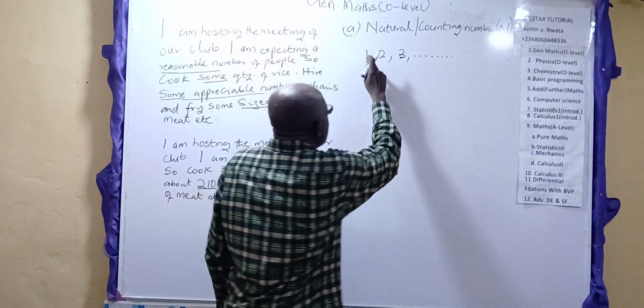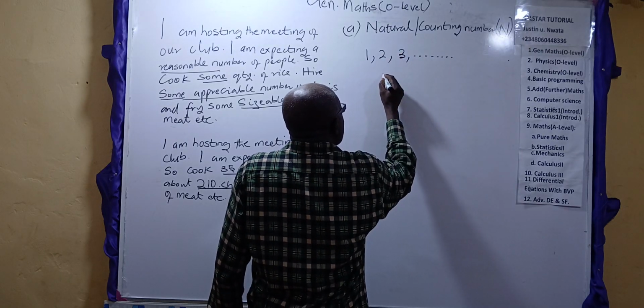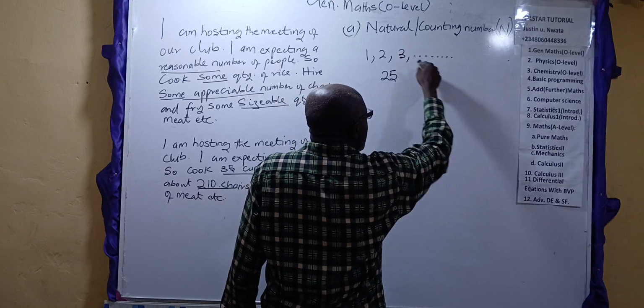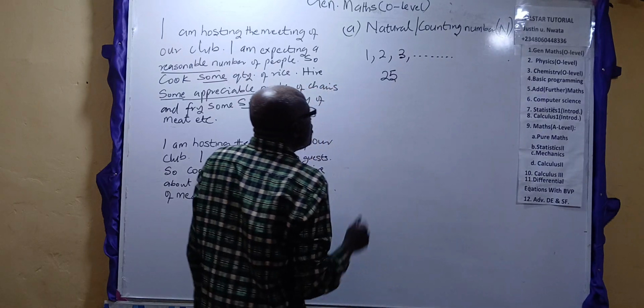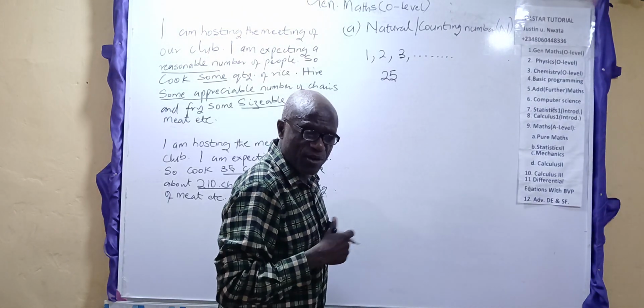For instance, 1 is here, 2 is here, 3 here, 4 here, continuous. Let me take a number like 25. This data means it's continuous, so 25 is among here. This 25 can serve us various purposes, depending on what you want to relate it to.